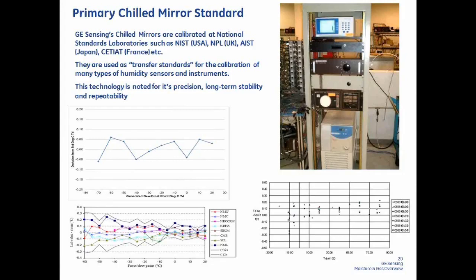And this graph to the right is a 7-year study showing the drift over 7 years, and it was certainly within spec after 7 years. Now keep in mind, in all of this data, some of the uncertainty of the measurement is due to the national lab itself. No calibration system, no matter how good it is, is without uncertainty. There's always some degree of error in any measurement system.